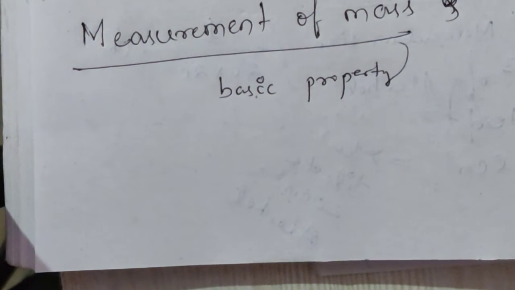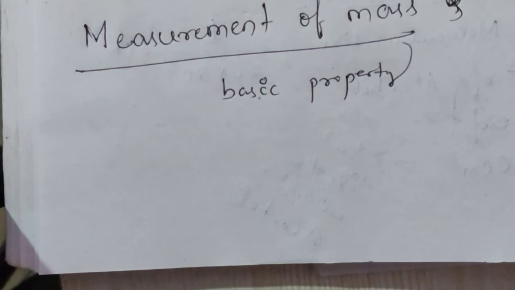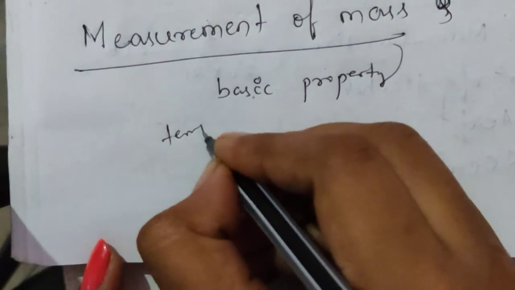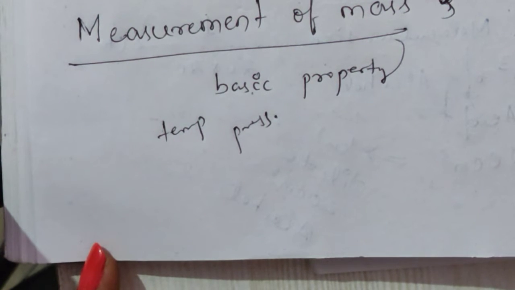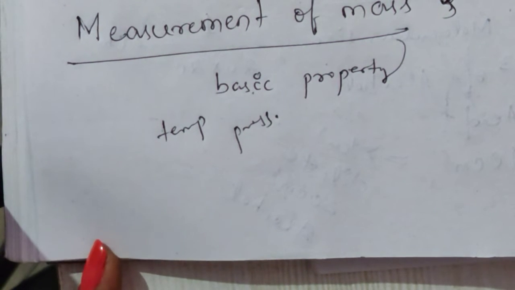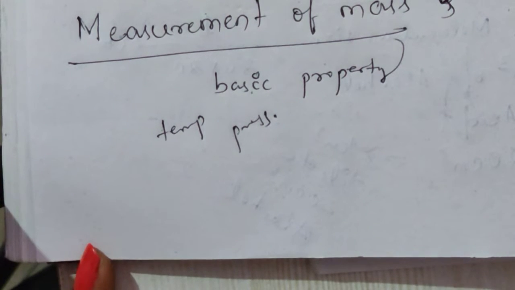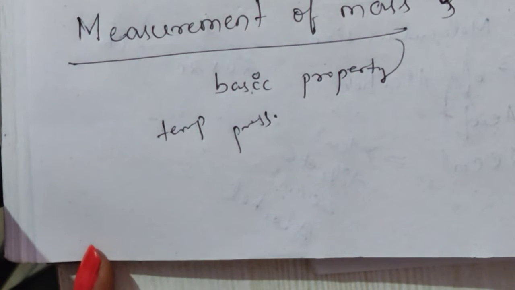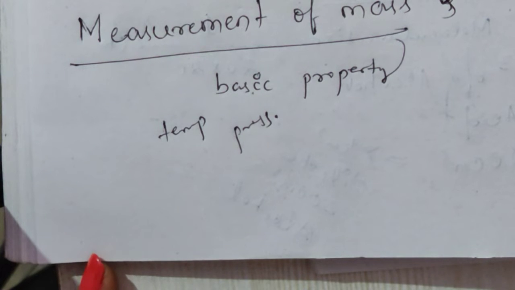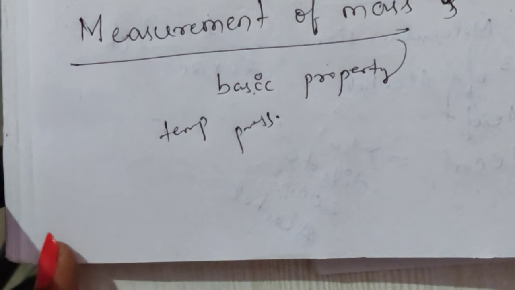Mass is a basic property of matter, and remember one thing, that mass is independent of any physical change, whether we are considering temperature or pressure or anything, the mass remains unchanged. The SI unit of mass of anybody we know is kilogram, but sometimes it is inconvenient to use for molecular masses because they are very small.